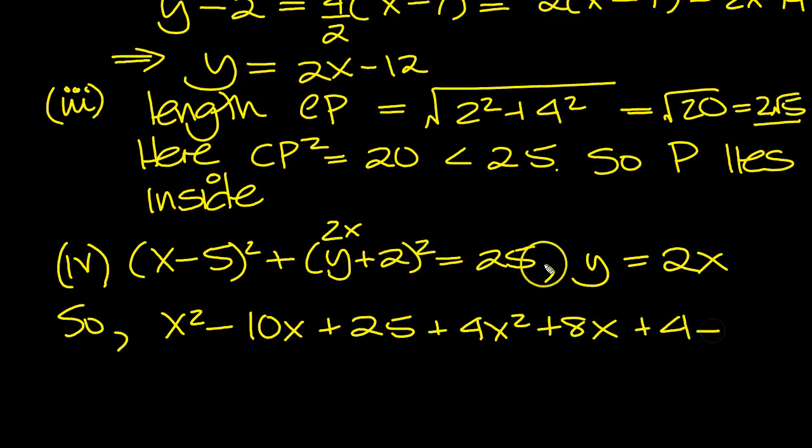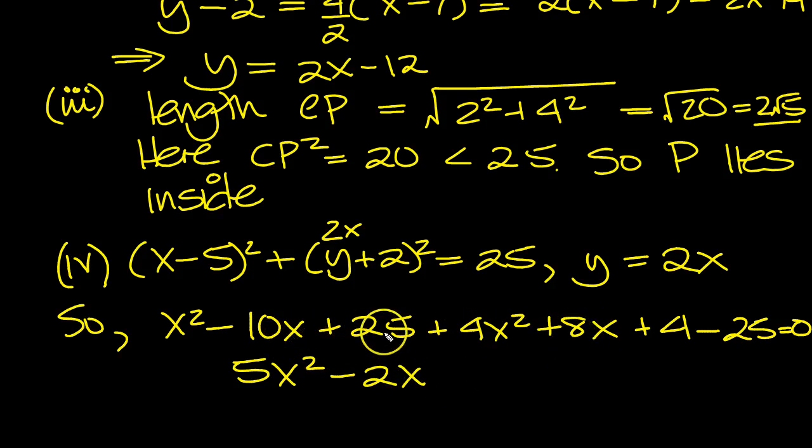Minus, I'm going to bring the 25 over at the same time, equals 0. So we've got x squared and 4x squared is 5x squared. The x terms: −10 plus 8 is −2x. And the numbers: 25 plus 4 minus 25 is plus a 4, equals 0.